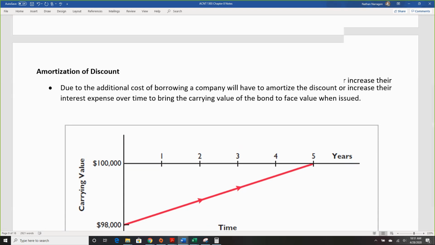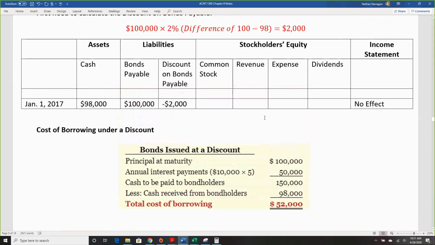When it comes to maturity date, the only liability we should see at maturity date should be bonds payable. And basically this is what we call carrying value. Right now, the carrying value of this bond is 98,000, so 100K minus 2,000.